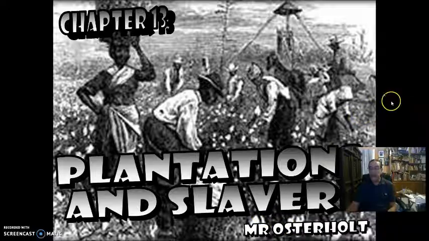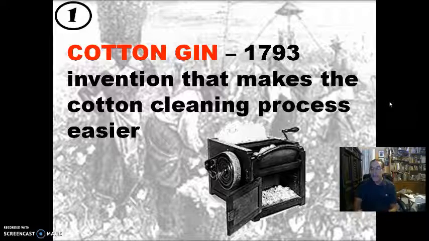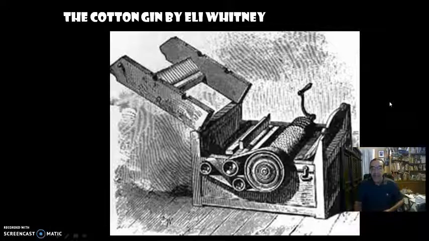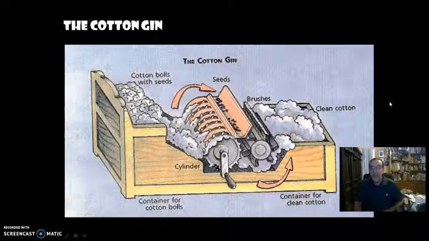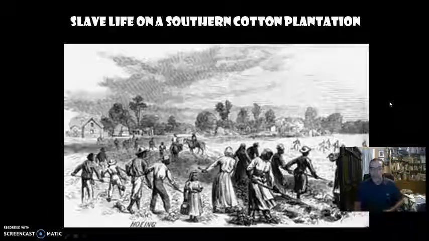One of the things that we're going to see on the PowerPoint is reinforcing information. So it starts off with the cotton gin, which was on the last PowerPoint, and this one has more illustrations and more explanation. And to lead to the understanding of the effects of the cotton gin, before one person could clean 1 pound of cotton a day, now one person can clean 50 pounds of cotton a day.